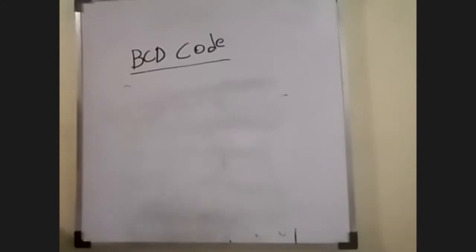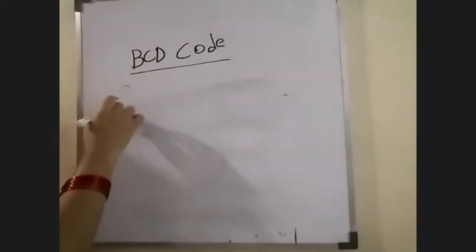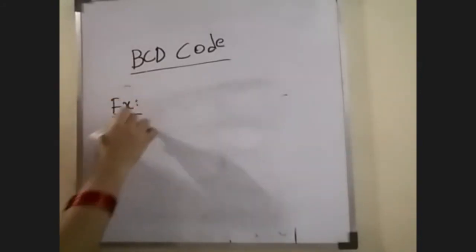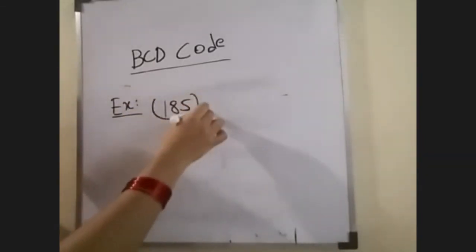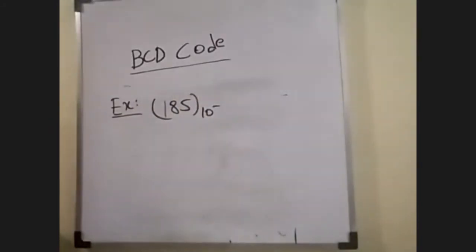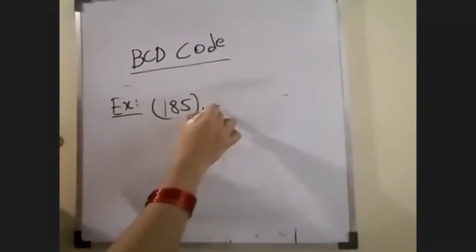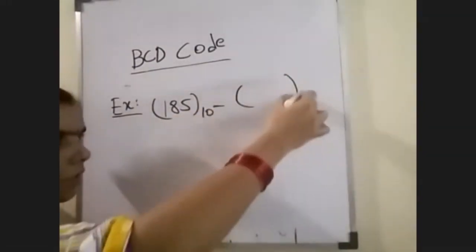Consider the decimal value 185 and its corresponding value in BCD.